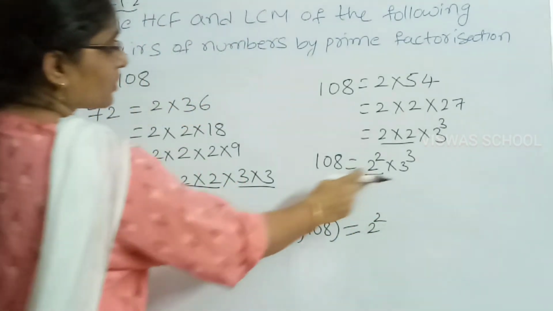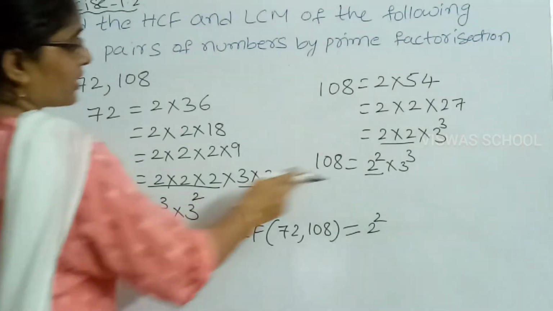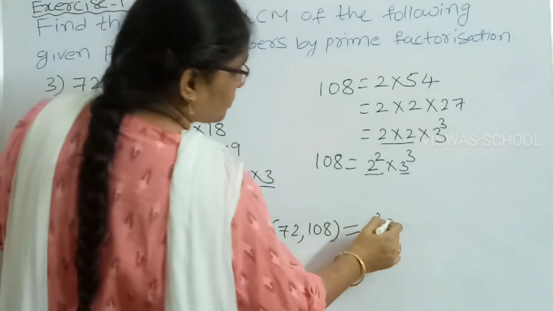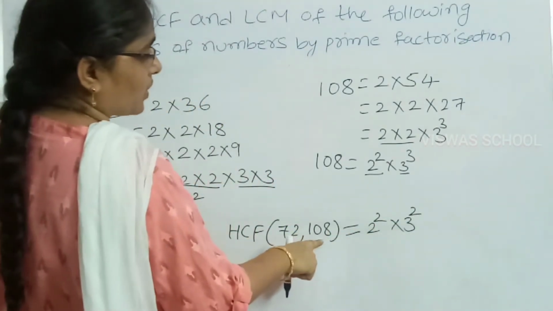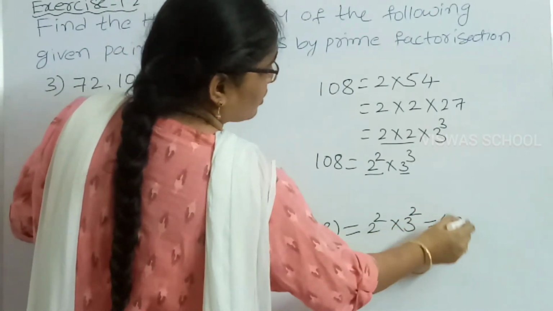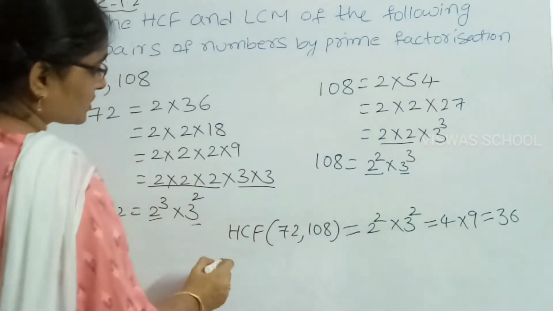And 3 is also a common prime factor, and out of 3 square and 3 cube, the smallest power is 3 square. That's why 2 square into 3 square. HCF of 72 and 108 is 2 square into 3 square. That is 4 into 9. It is equals to what? 36.